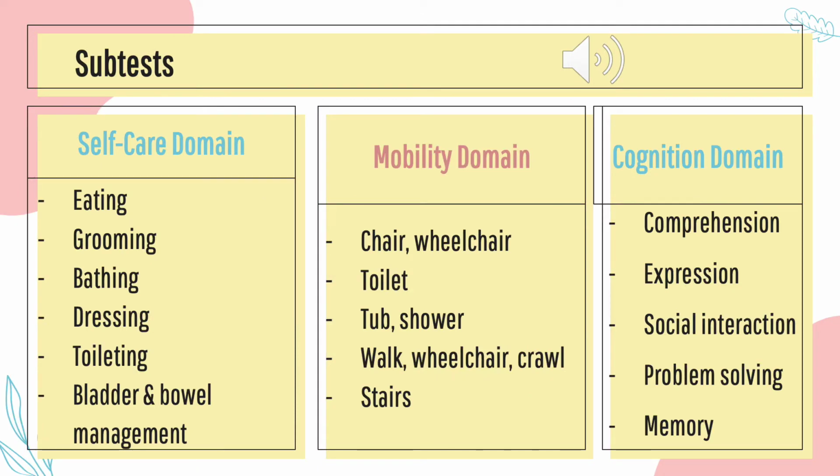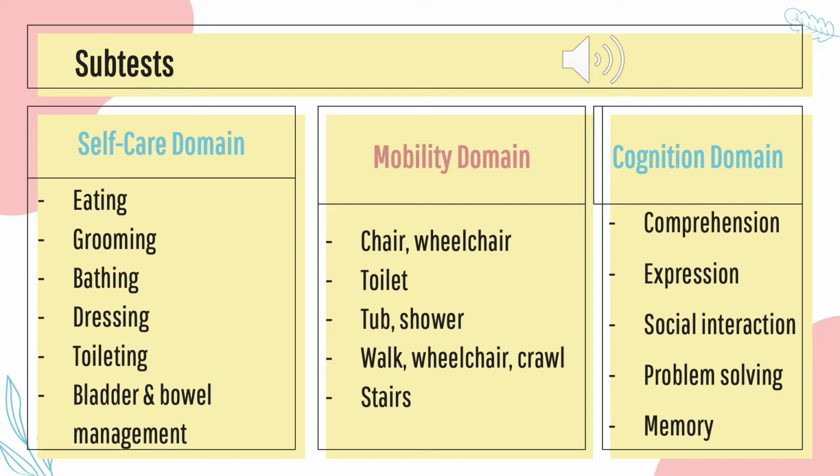These are some subtests in each domain. So there's the self-care domain, which includes self-care tasks like eating, grooming, bathing, dressing, toileting, as well as bladder and bowel management. And then you move on to the next domain, which is the mobility domain, and this is how the child gets around: chair, wheelchair, toilet, tub, shower, walk, wheelchair, crawl, or stairs.